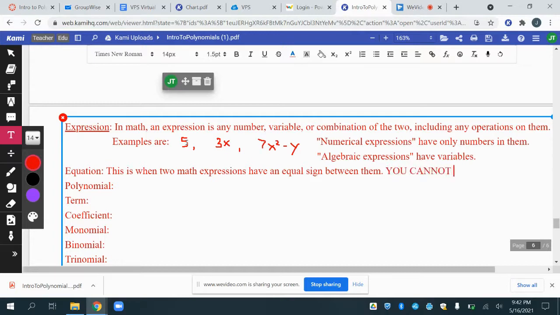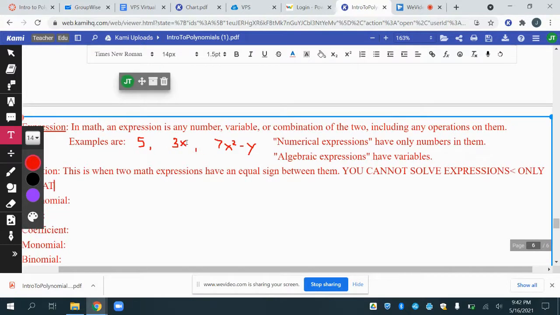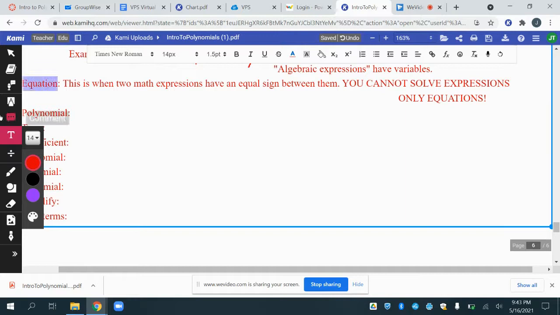You cannot solve expressions, only equations. That's very important to know. So remember that when we're solving things and finding out what x is and stuff, we always do that in equations. A lot of the things we'll deal with for a while will not be equations. So we won't be able to solve them. You won't say like x is 5. That's only in the equations.